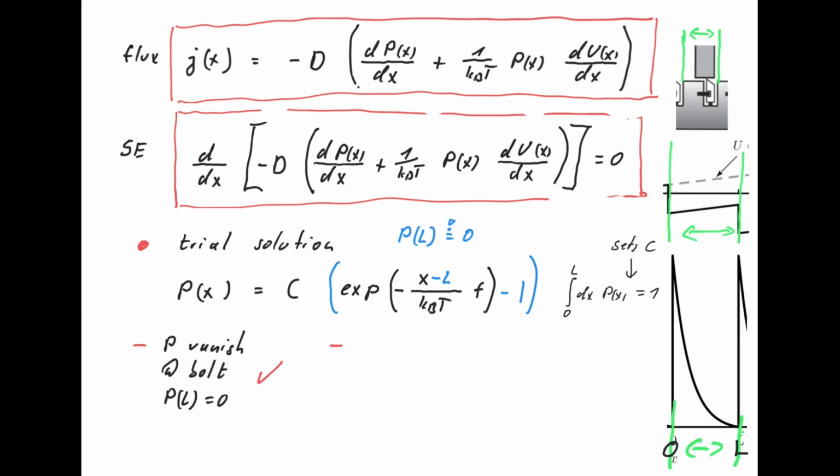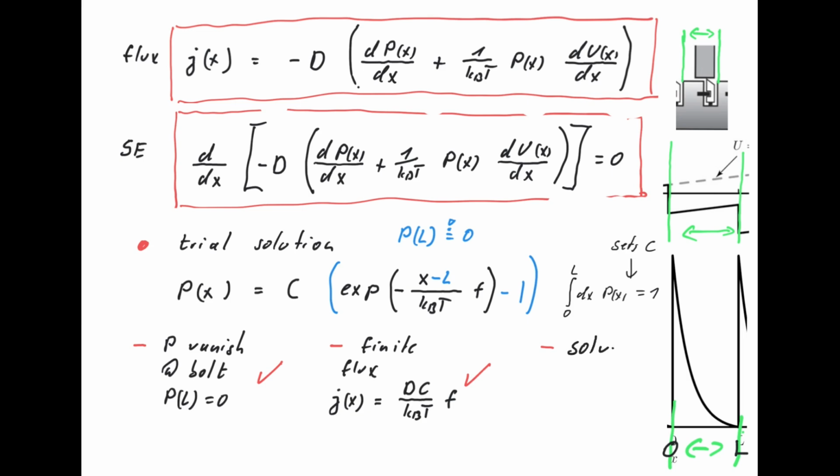Further, we fill in our P of x trial function into the flux equation. And what we obtain is that the flux is equal to D times c divided by kBT times f. So it's a positive flux, not equal to zero.